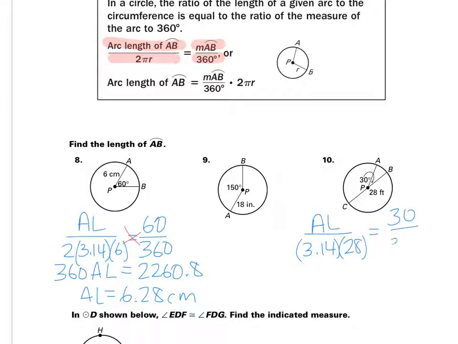Central angle over the measure of an entire circle. Cross products. And then divide. Linear units.